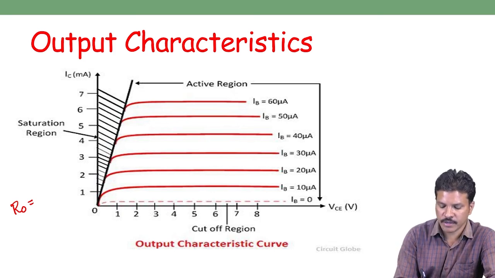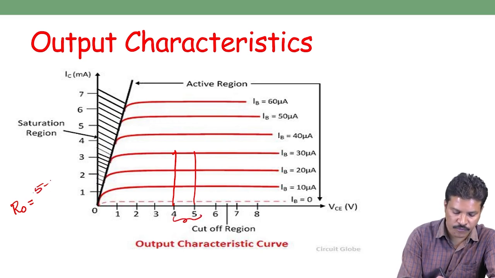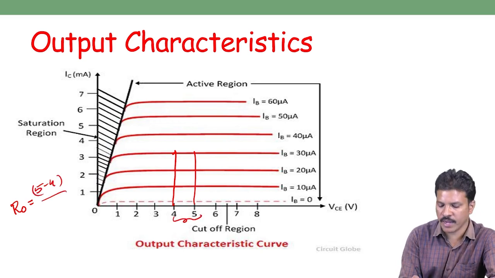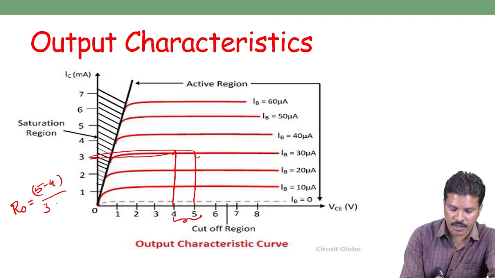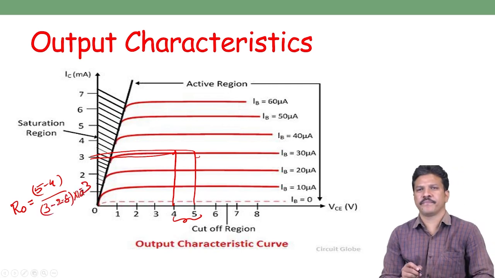Change in voltage, for example in this graph, 5 minus 4 volts, divided by the corresponding change in current, maybe 3 minus 2.8 milliamperes, 10 power minus 3.